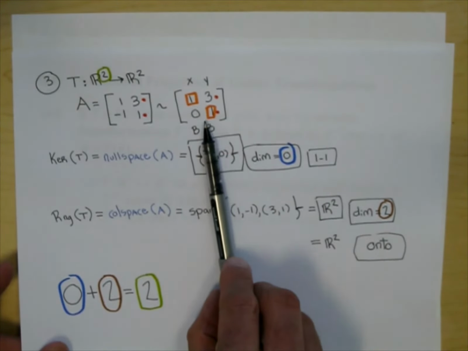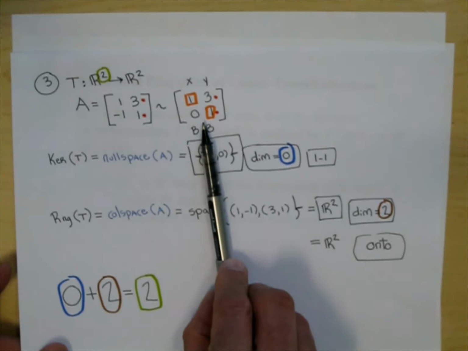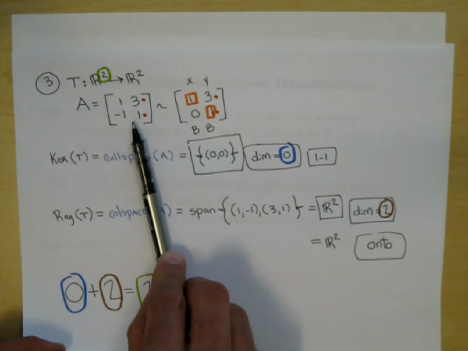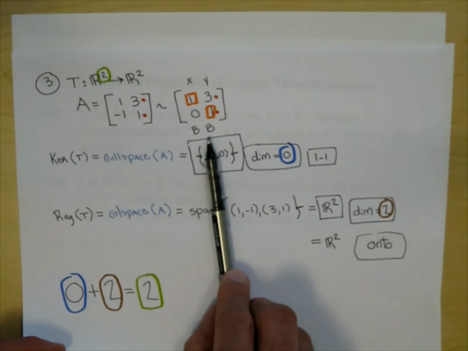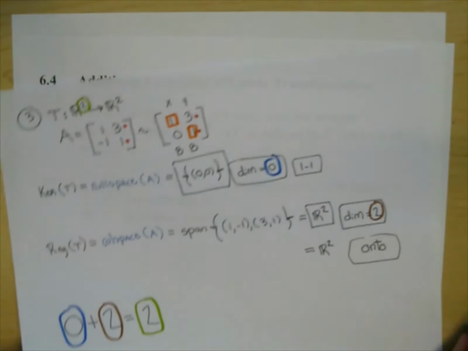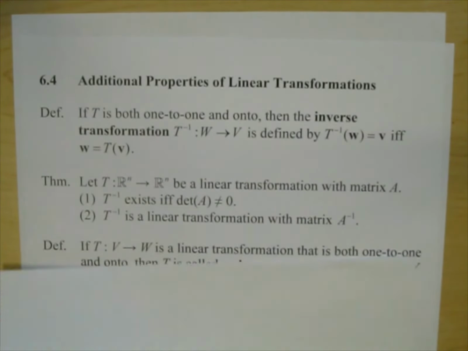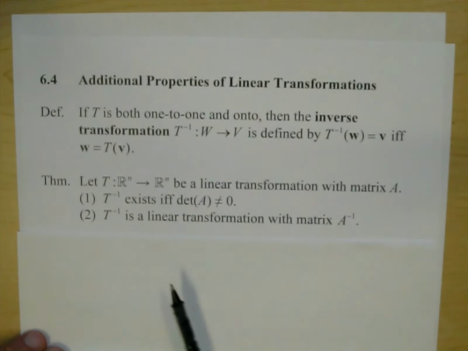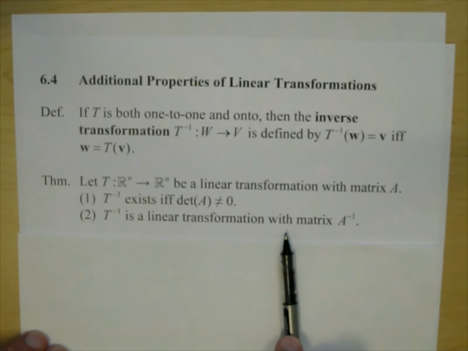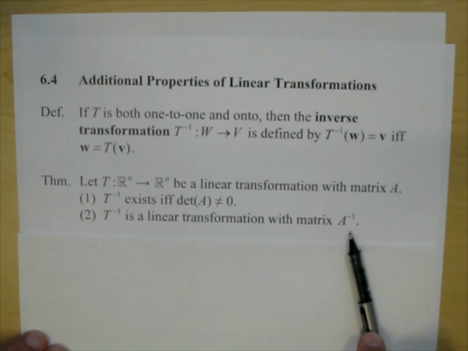If the determinant did equal 0, it would be a non-invertible matrix, which would have given us a free variable, which would have said, no, it's not 1 to 1. T inverse is a linear transformation. And guess how you get that linear transformation? You just take the inverse of matrix A.